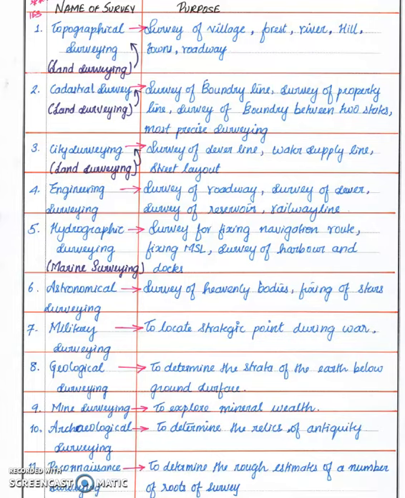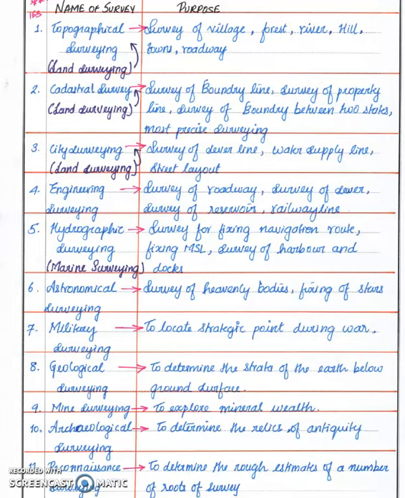Any survey conducted on water bodies is known as hydrographic surveying or marine surveying. Now all the nations are putting interest into finding the stars and positions of other planets. For this purpose we have to conduct astronomical surveying.